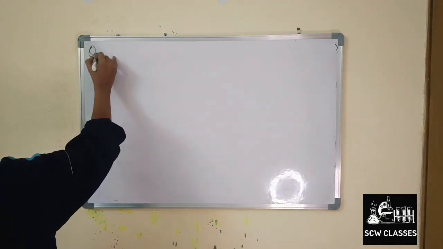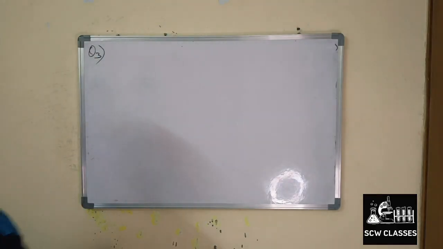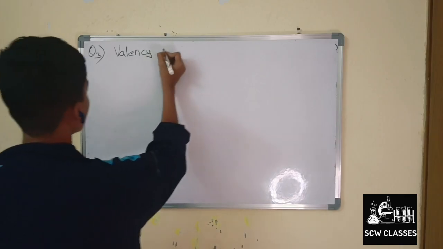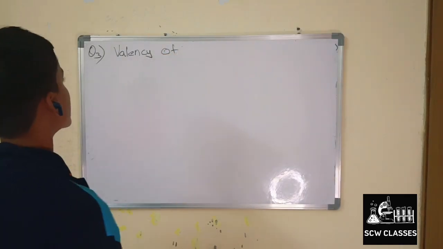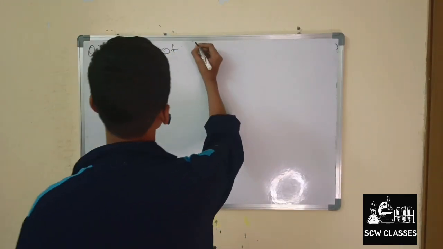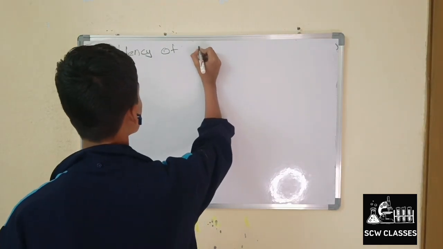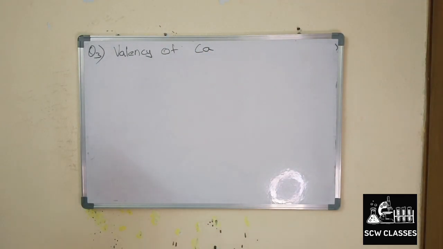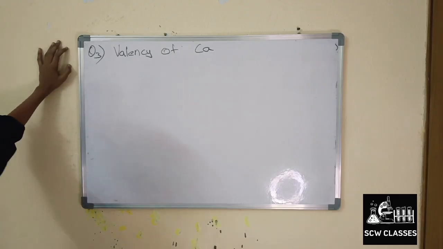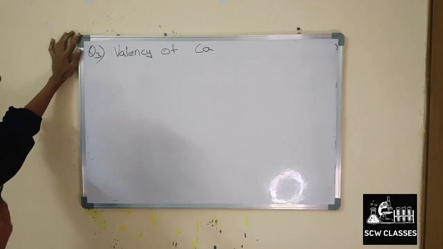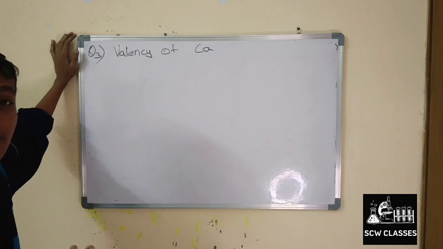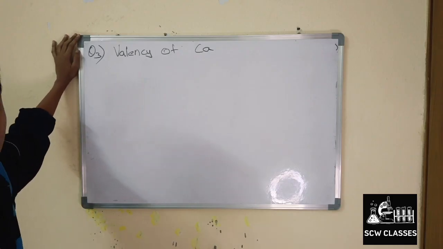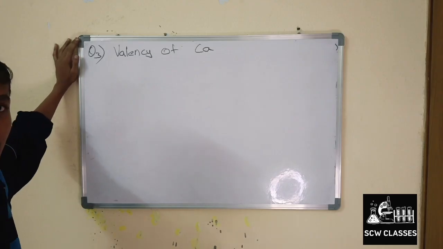Question number 3. Valency of calcium. Here calcium is a metal. So what is the definition for a metal? The number of valence electrons present in a metal atom is called the valency of the metal.